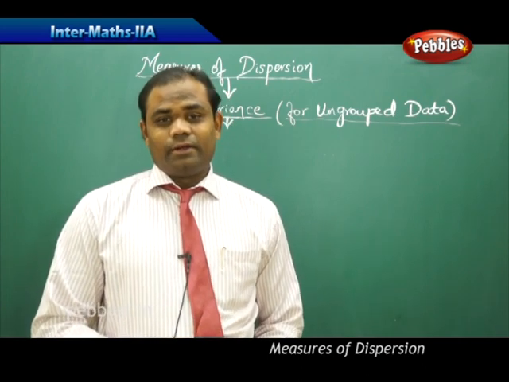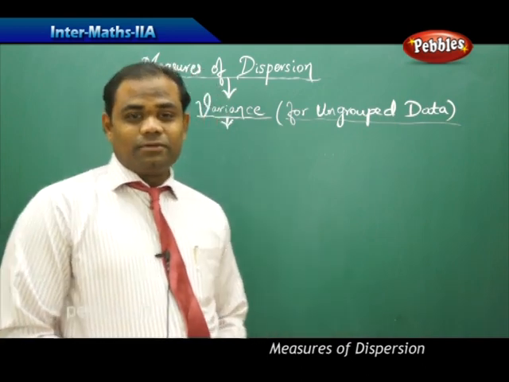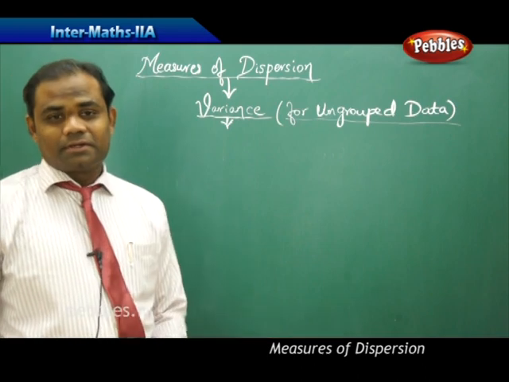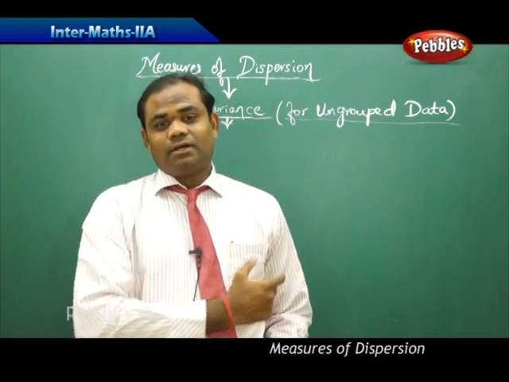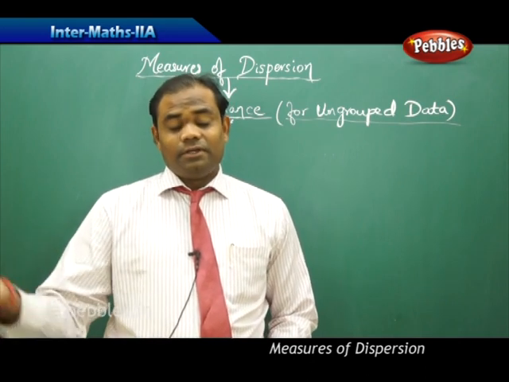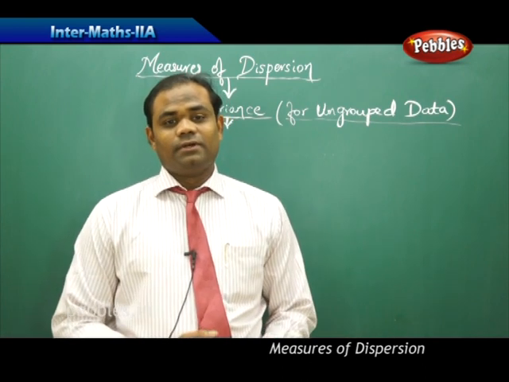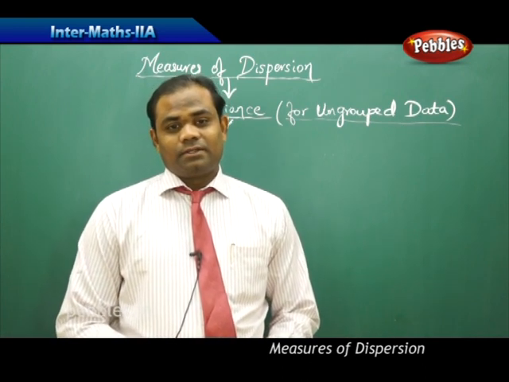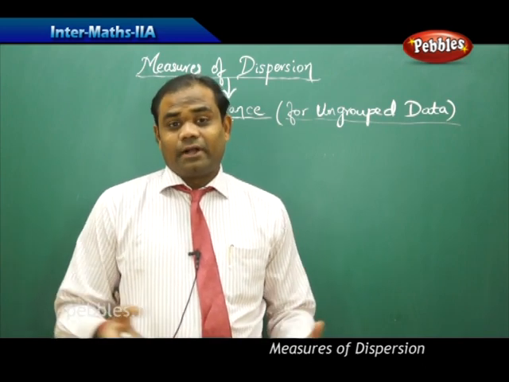In order to avoid the cancellation of the deviations, we introduce the concept of variance, where we square each of the deviations and consider the formula for variance. So once each deviation is squared, it becomes a non-negative or positive value, such that the cancellation or nullifying of the deviations does not arise.